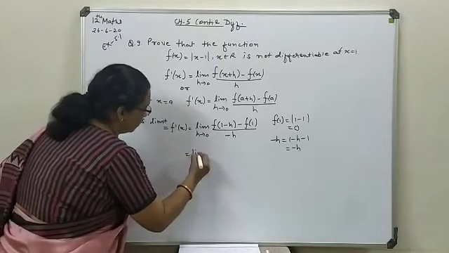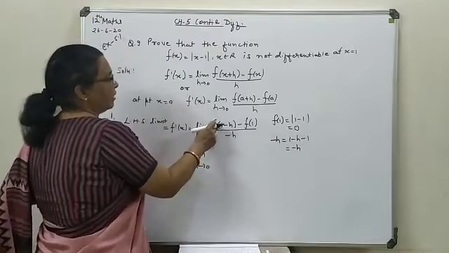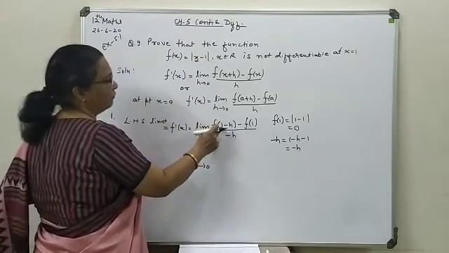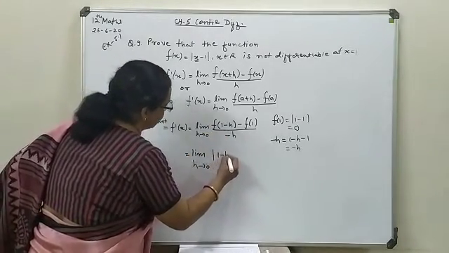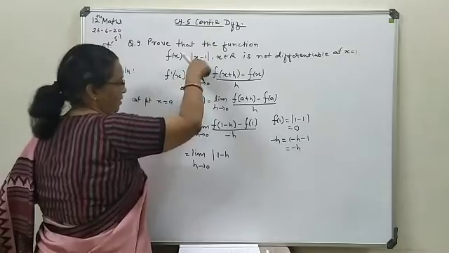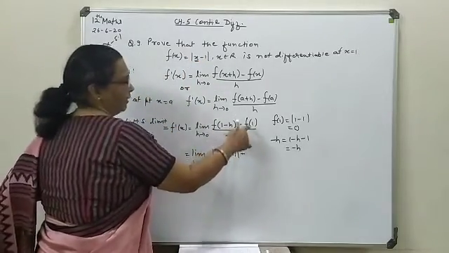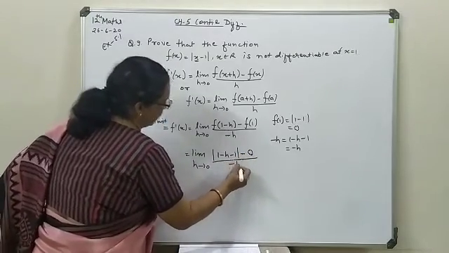Now substitution of the respective function form: in place of x, first we will substitute 1 minus h in modulus form. So this is 1 minus h in place of x, minus 1 already present. The function value at 1 we found is 0. The denominator will remain minus h.